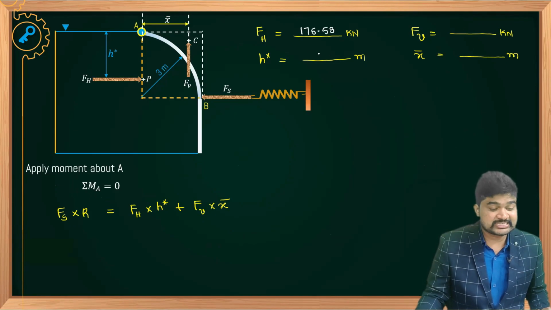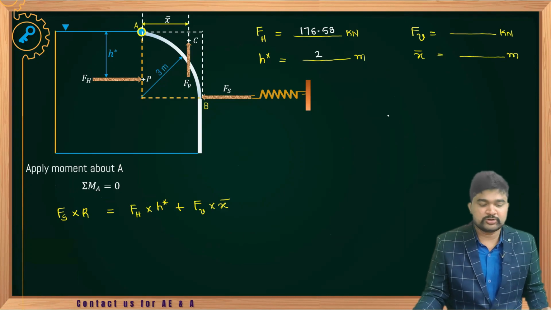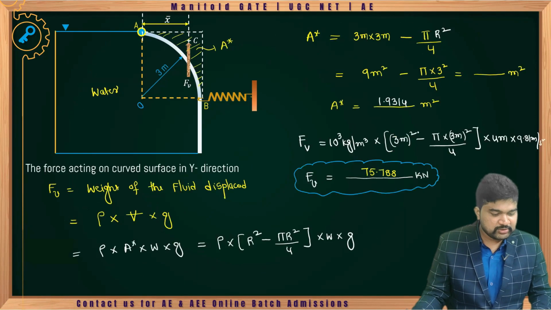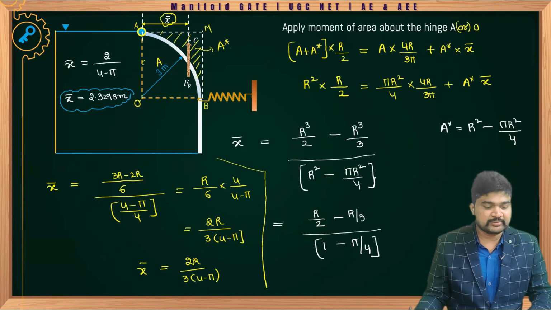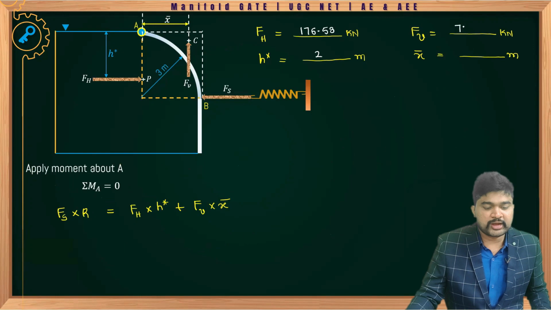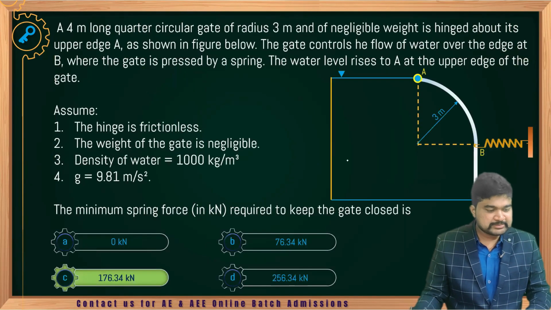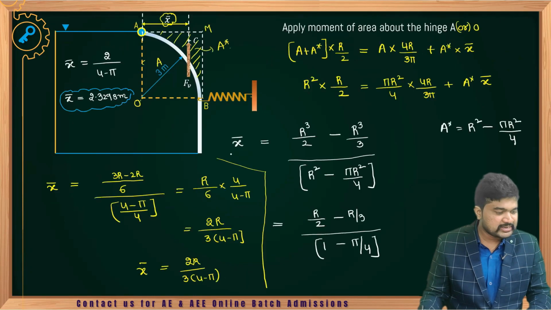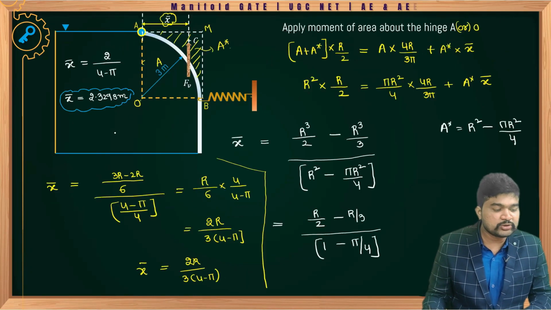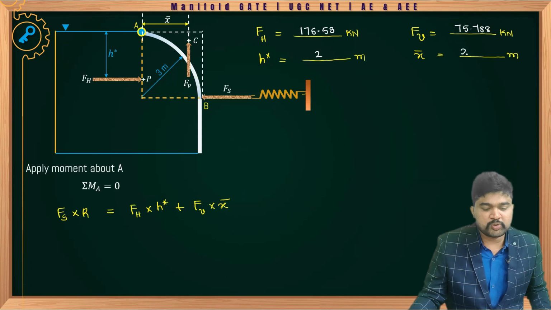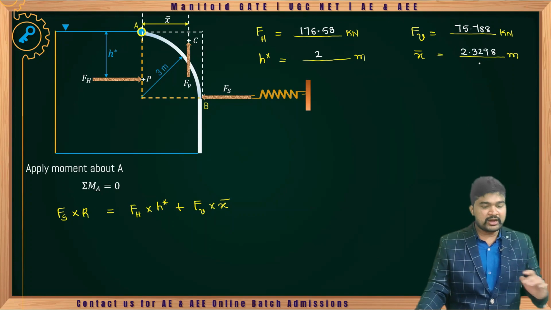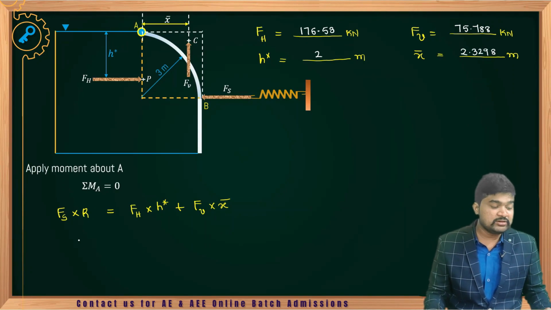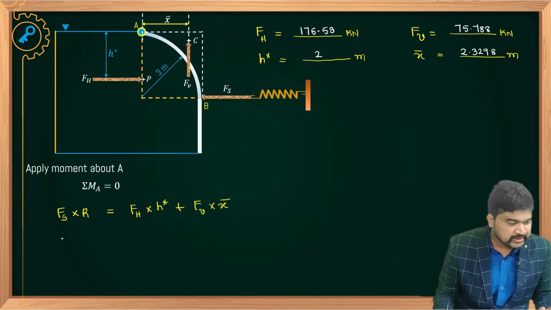H star is nothing but 2 meter, and FV, tell me, what is the magnitude of FV? 75.788 kilonewton. X bar is nothing but 2.3298 meter. Now just substitute all the values in this expression.